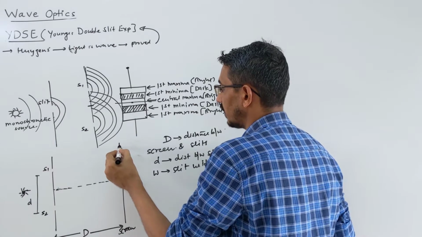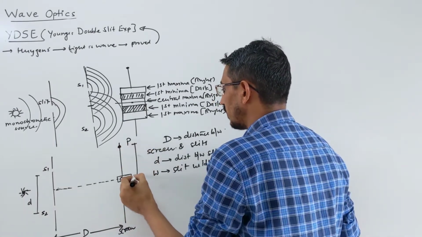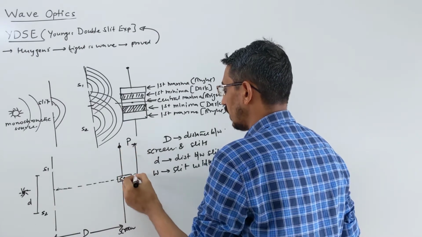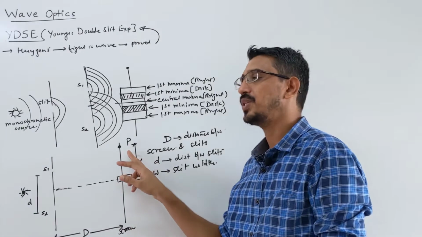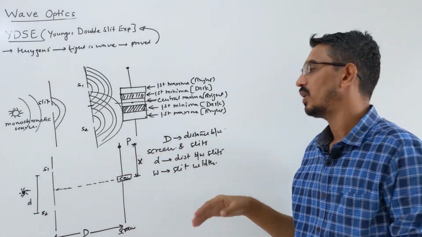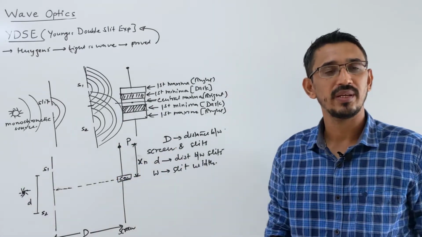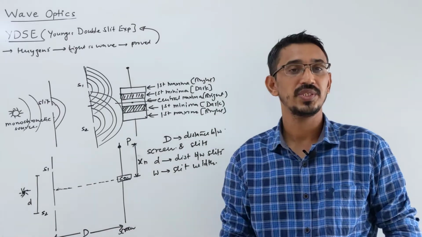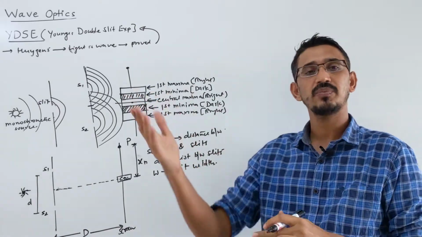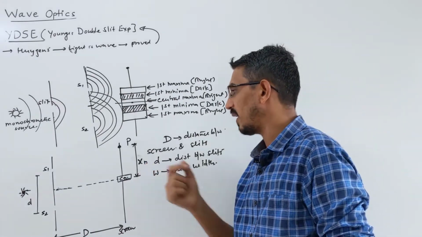This is the point, let's call it point P, and let its distance from the central bright fringe be some X. You want to know whether that fringe is bright or dark, or like I call it, the nth fringe. Some nth fringe is formed there, maybe dark, maybe bright, we don't know. Then what is the distance of that nth fringe? Like the distance of the 10th bright fringe, or of the 10th dark fringe, anything. So we want to calculate that.